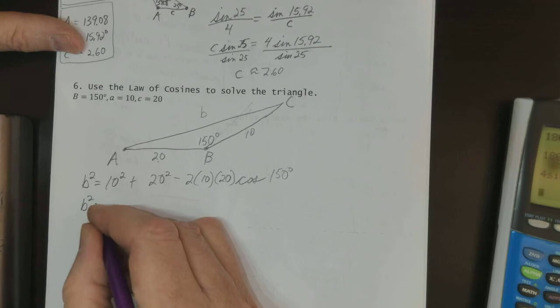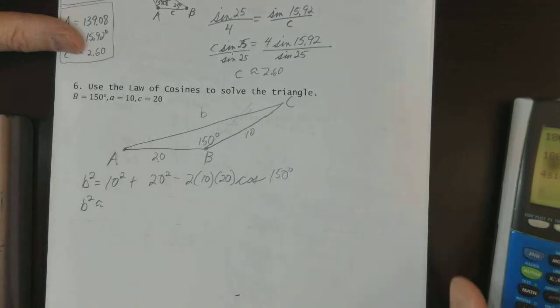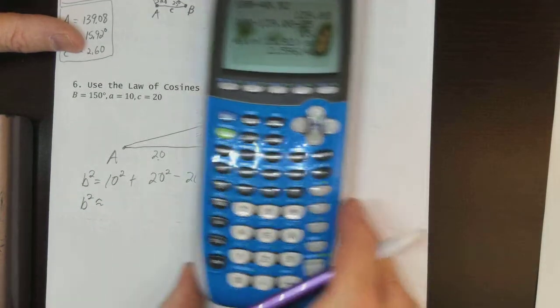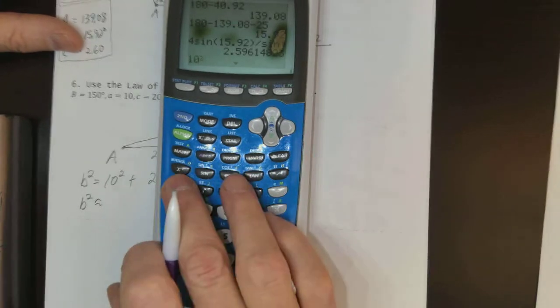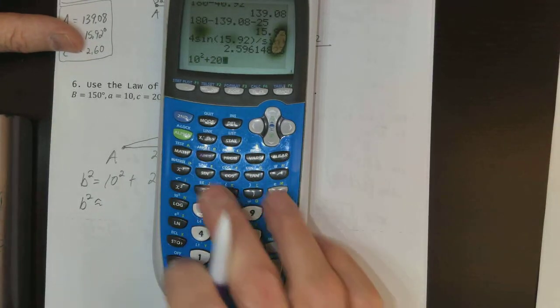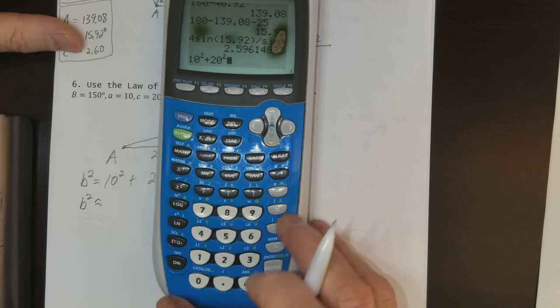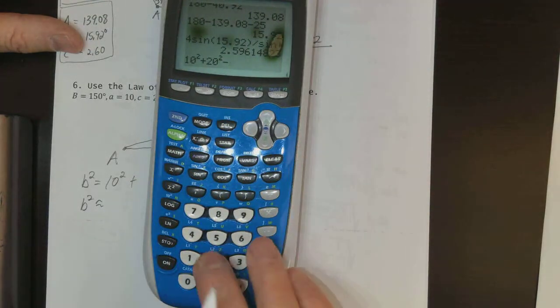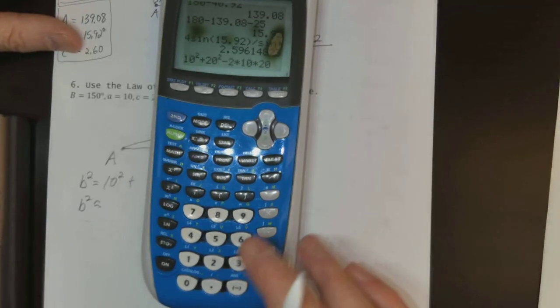So B squared is approximately 10 squared plus 20 squared minus 2 times 10 times 20 times the cosine of 150.